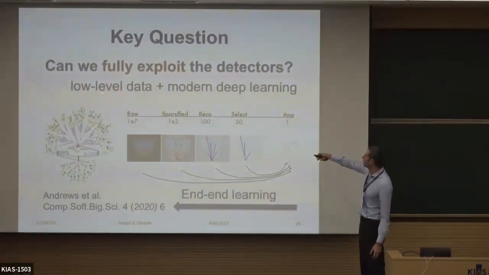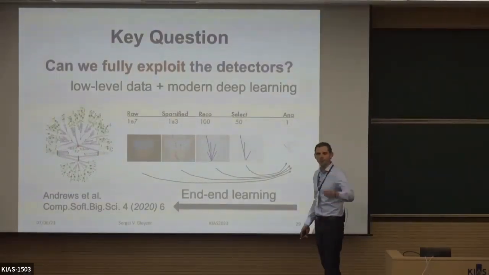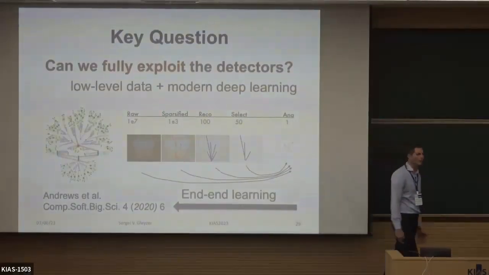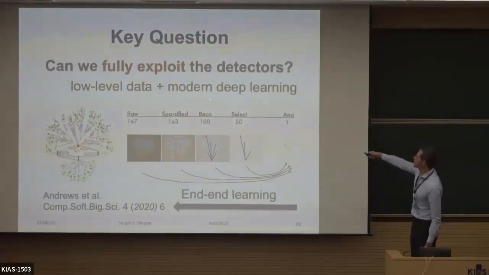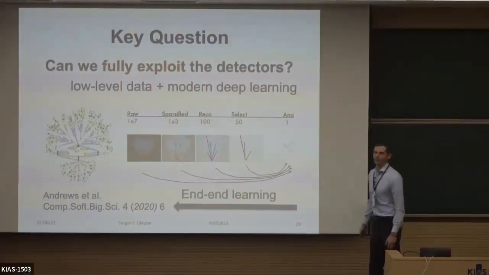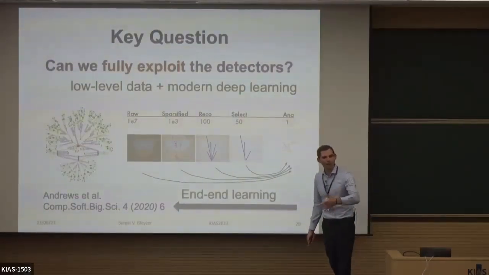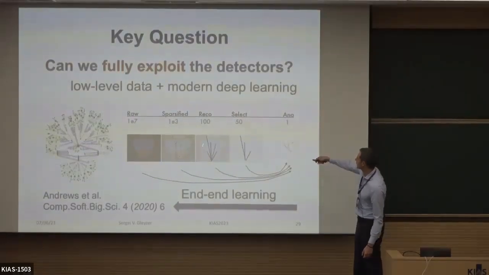It turns out one of the most powerful ways is to combine modern machine learning, deep learning algorithms that are able to extract features and are powerful on high dimensional data, and we usually pair them with low level data. That's a very powerful combination. So we don't first extract features and then do some machine learning with it. We actually start at low level data representation.